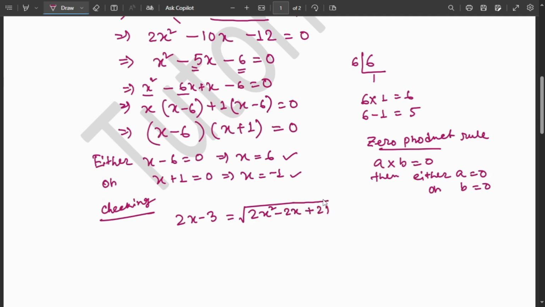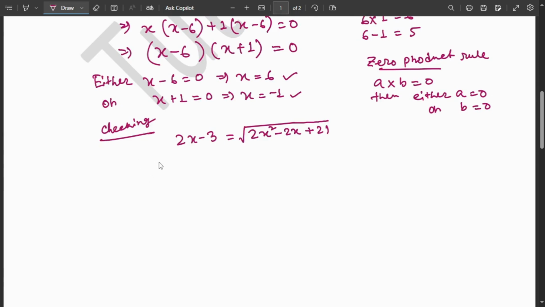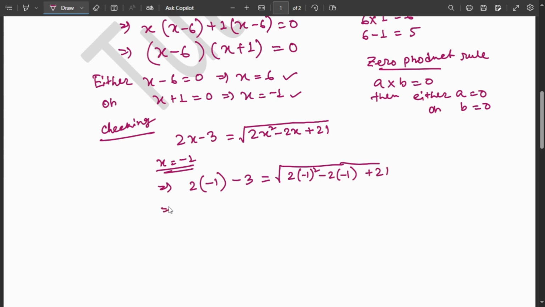So first check for x equals to minus 1. Substitute x equals to minus 1 in the given equation. What we get? 2 into minus 1 minus 3 equals to square root of 2 into (minus 1) whole square minus 2 into minus 1 plus 21. Okay, so what we get? Minus 2 minus 3 equals to, here it becomes 2 plus 2 plus 21.